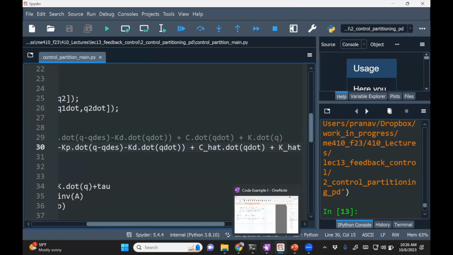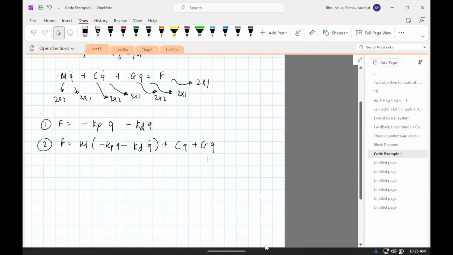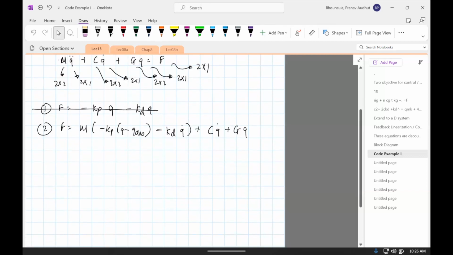Let's modify this. There's a different one I was trying to do here, and I got confused. This is not what I showed you. What I showed you was, in fact, this. So to make modifications to this: Q minus Q desired. This is the first one.